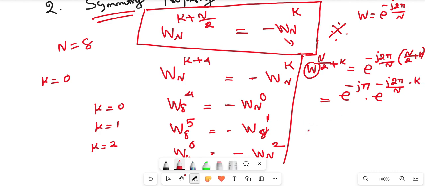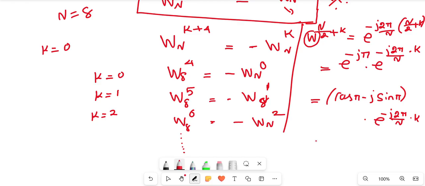So e power minus j pi you can write as cos pi minus j sin pi, into e power minus j 2 pi by N into k. Again, cos pi minus j sin pi will be minus 1. So minus 1 into e power minus j 2 pi by N into k, which can be written as minus W power k.